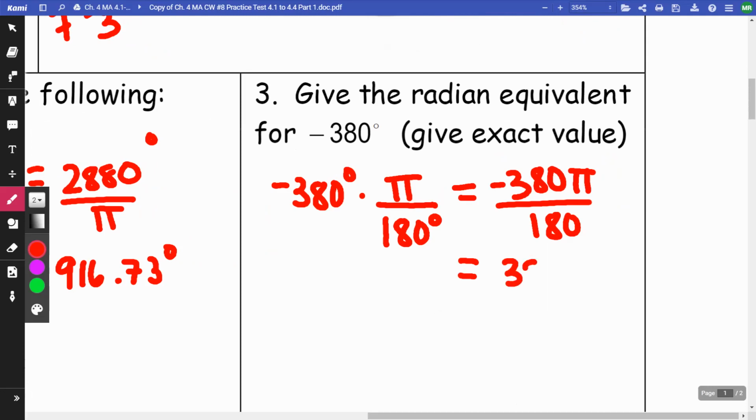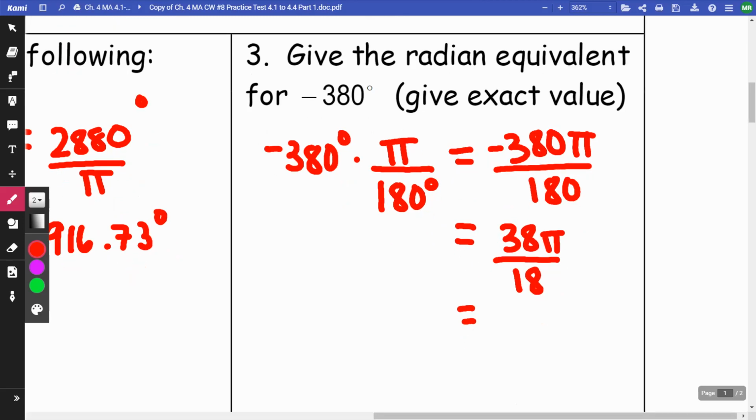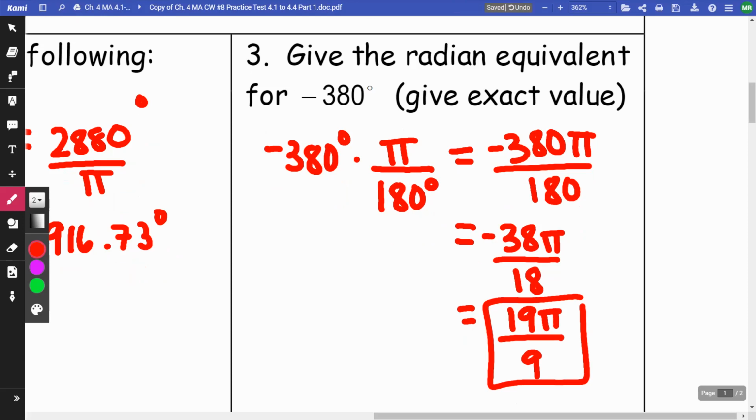So that's going to be 38 pi over 18. I can divide both of them by 2. When I take 38 divided by 2, I end up with 19 pi. When I take 18 divided by 2, I get 9. So 19 pi ninths. And this is negative.